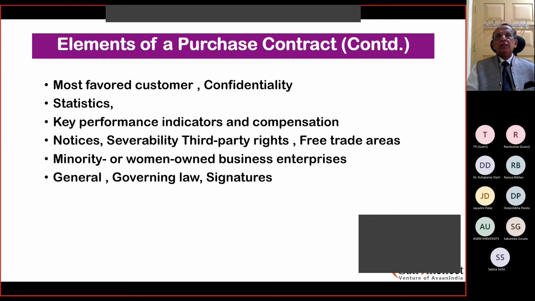The German vendor may not accept it. He will say European law. So there can be a contest between the two, and this has to be agreed. Mutually they have to agree on going for a third-party country like Switzerland or London, where the governing law or the arbitration in those countries will be applicable.